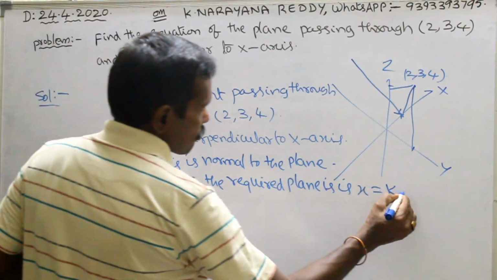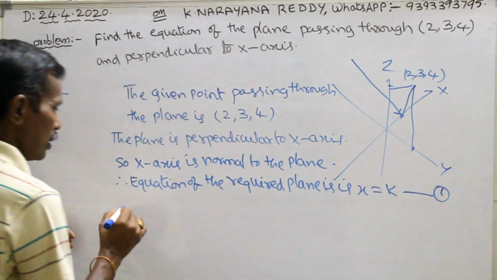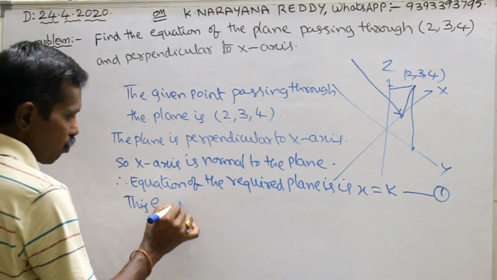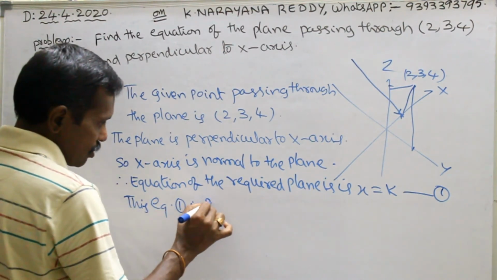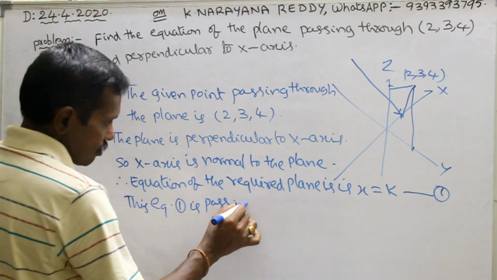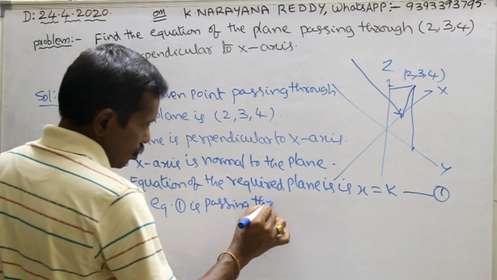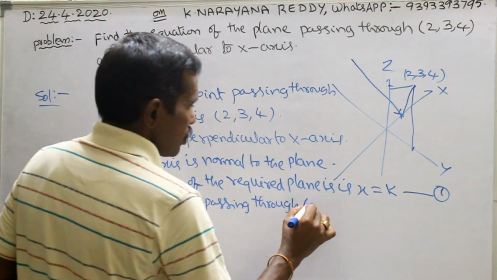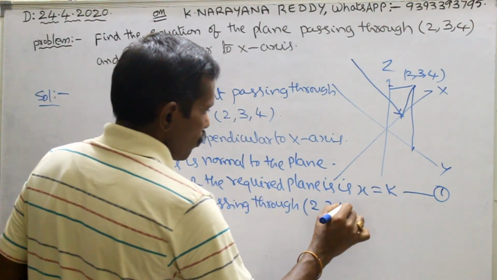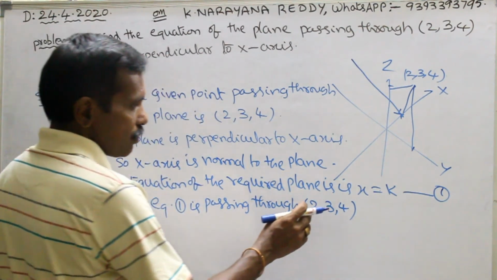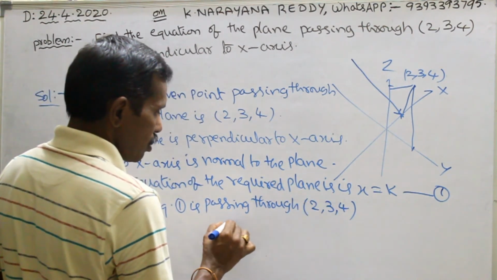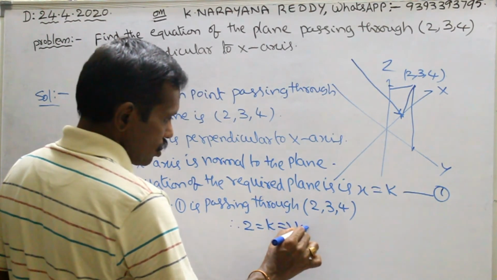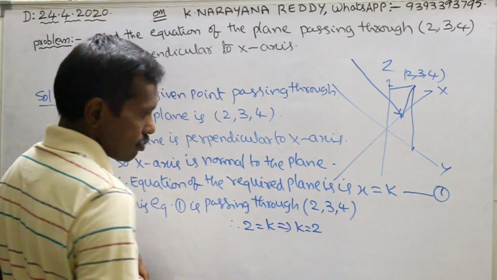This equation 1 is passing through which point? 2, 3, 4. What is the x value? 2. Therefore 2 equals k, that implies k equals 2.